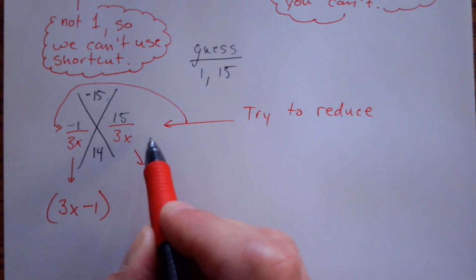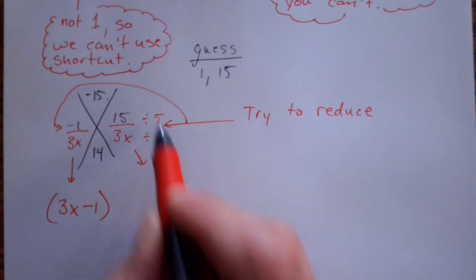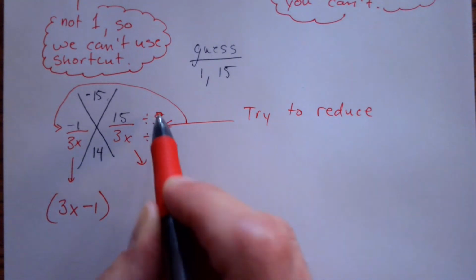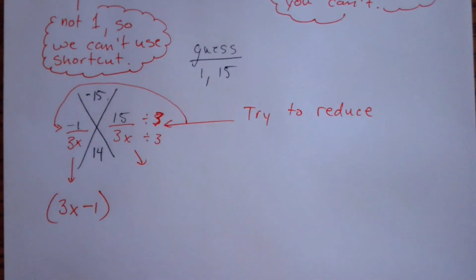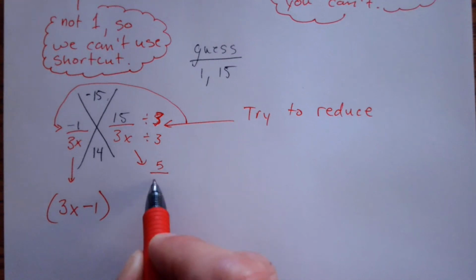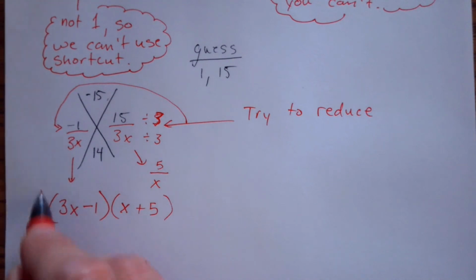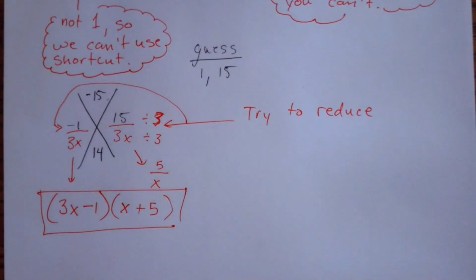I can divide by what? Yeah, by, oh no, by 3, right? So divide by 3, and then I get 5 over x. So what do you think goes here? This would be x, and it's a positive 5, so plus 5. That is going to be our answer.